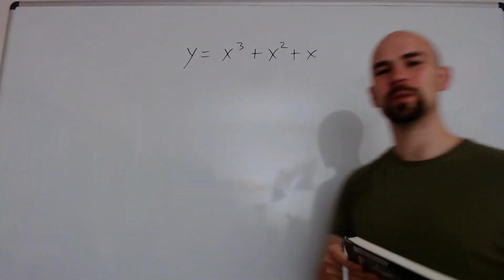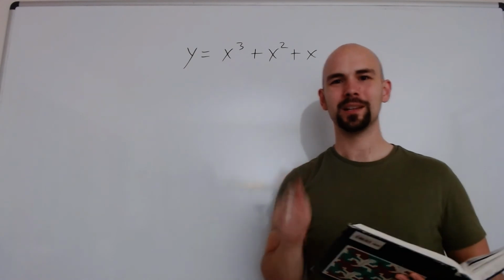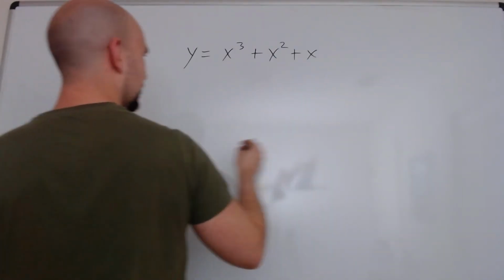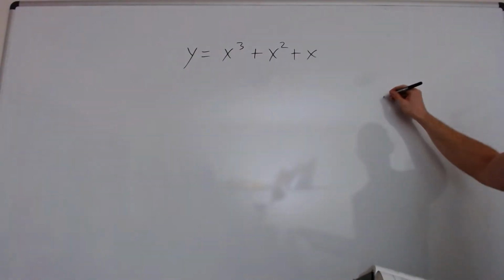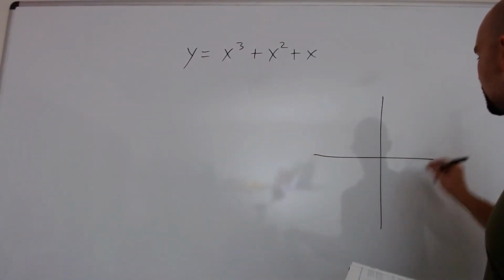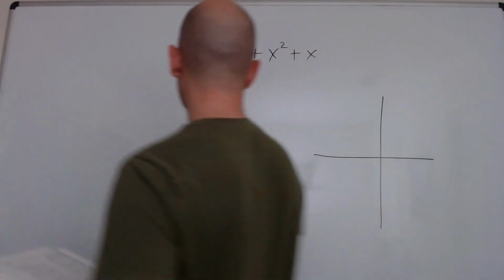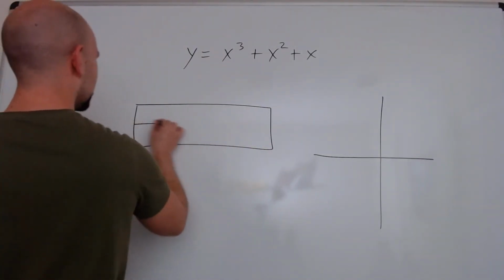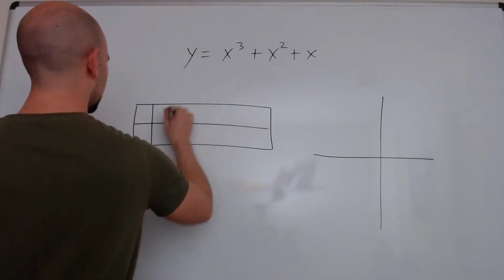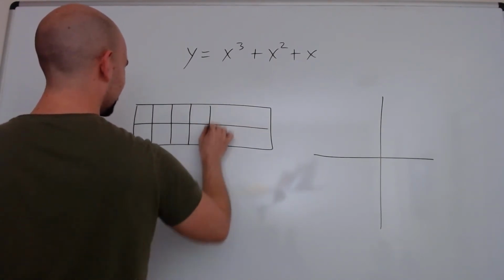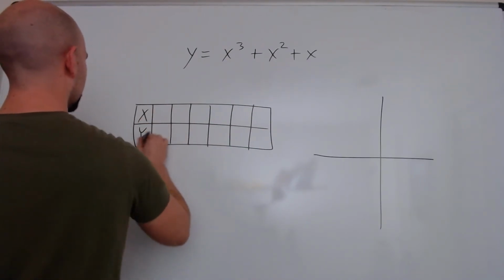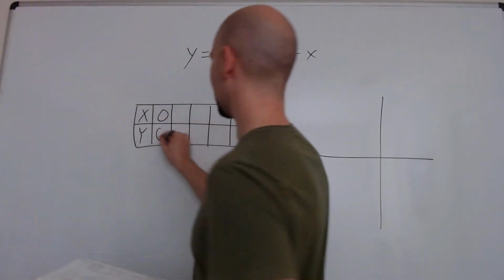Can you already tell me what the y-intercept is going to be? Hopefully you know it's going to be 0. I'll put the chart over here. So then we just start plugging away some x and y values, see what happens. Start with 0, y will equal 0.